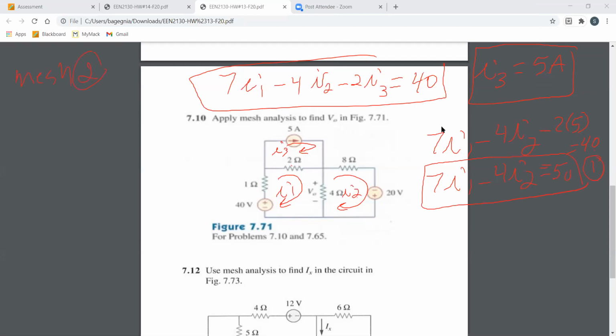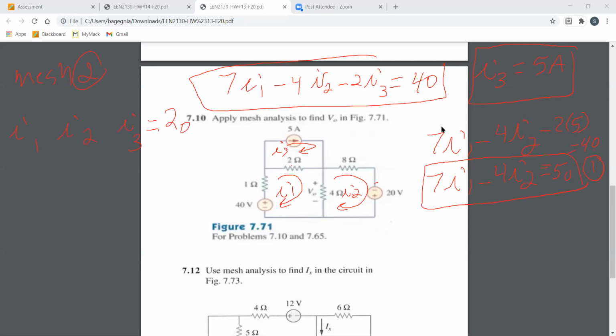Mesh 2. Okay, our working loop is I2. Our working coefficient is I2. So I2 will take the sum of all resistance with the plus sign. And the right hand side will be 20, because originally it's a minus, because I2 hits the minus. Take it to the other side, it becomes a plus.